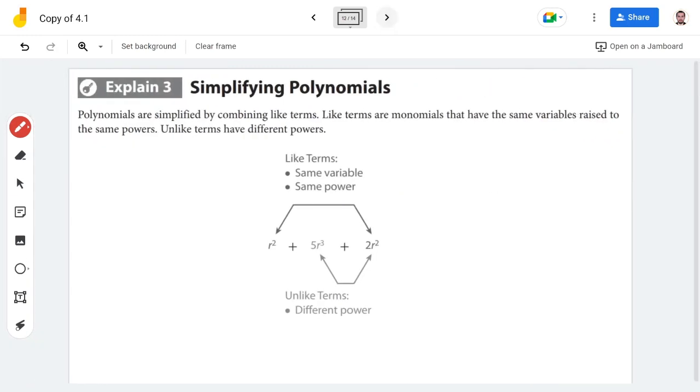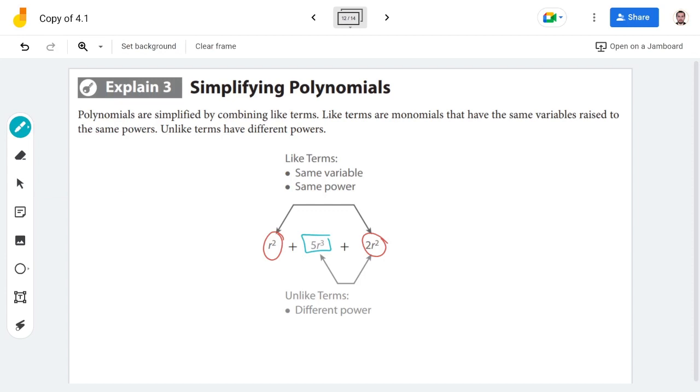Now let's go to the last part of the lesson, simplifying polynomials. As you can see here, when we have like variables, we add them together. Now, I will tell you something.